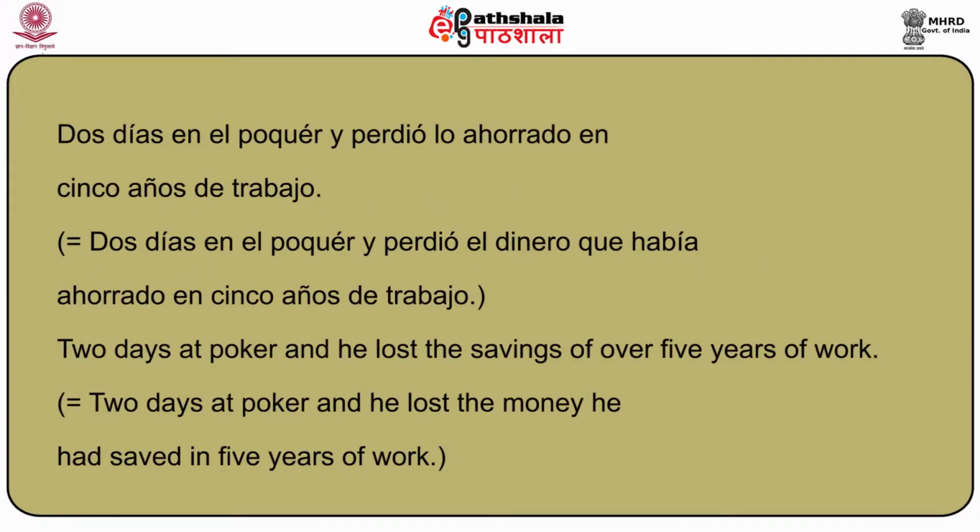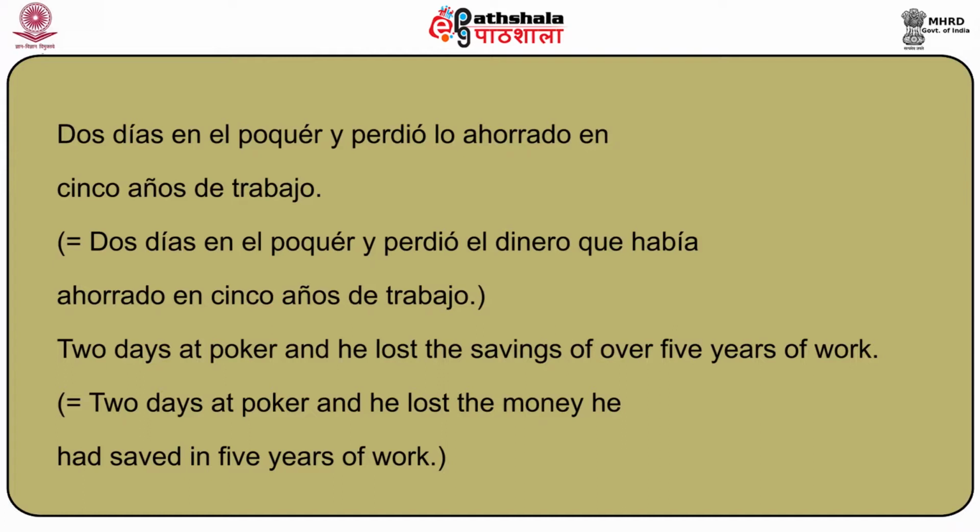2 días en el póker y perdió lo ahorrado en 5 años de trabajo, which is the same as saying 2 días en el póker y perdió el dinero que había ahorrado en 5 años de trabajo.